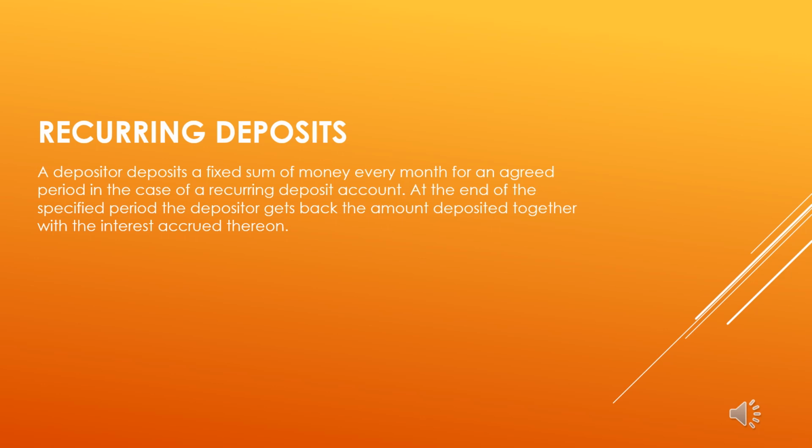These deposits encourage savings among low and middle income groups and help them to save a fixed sum of money every month. So this is the basic feature of recurring deposits.